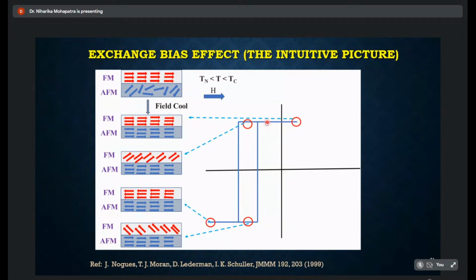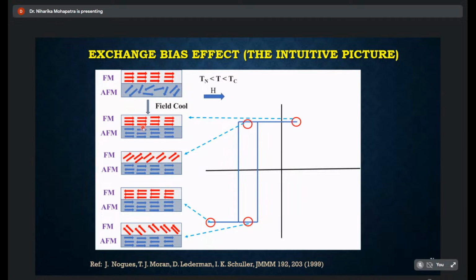Now when I change the field, I come to 0, and try to reverse the spin. Like in the other case, you find the hysteresis loop. You will see that the ferromagnetic spins without the antiferromagnet used to reverse their direction very easily.